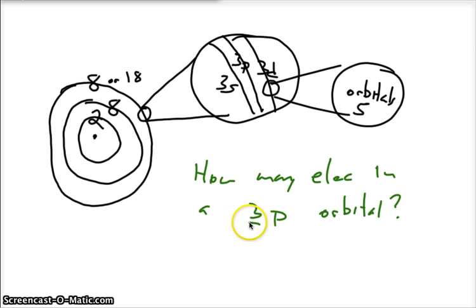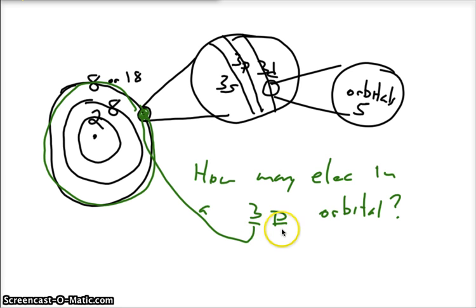Again, the 3 and the p are just labels. That means I'd be talking about the third energy level, that's the 3. I'm in this third ring, I'm in the third energy level, and the p tells me I'm in the second sublevel, if you will, but I'm talking about an orbital. I'm just labeling an orbital 3p.